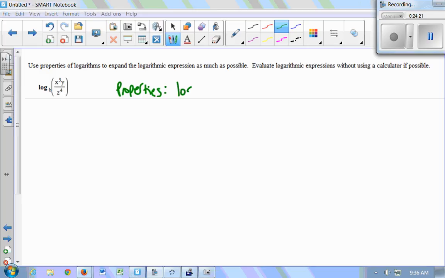If I want to take the log of a product, I can take the log of each number separately and add them. So that's one property. And then my property for division, when you want to take the log of a quotient, a division problem, you can separate that into 2 logs using what operation? Yeah, subtraction.